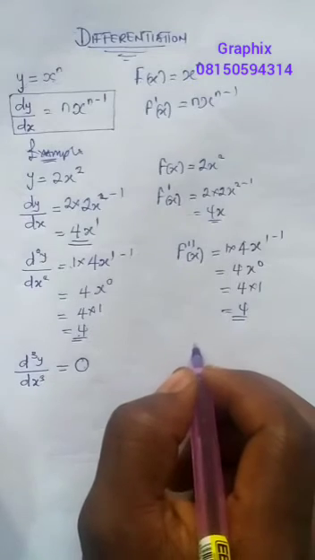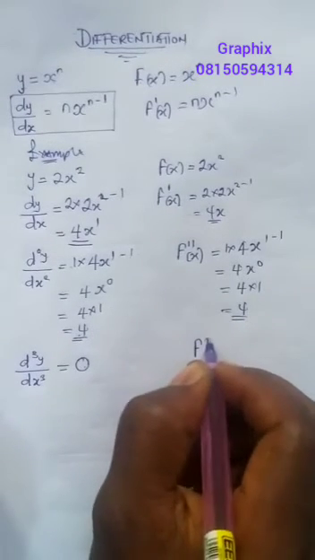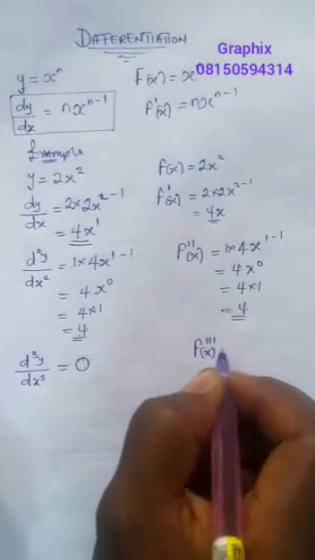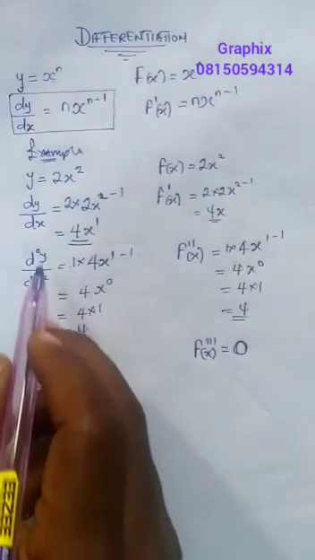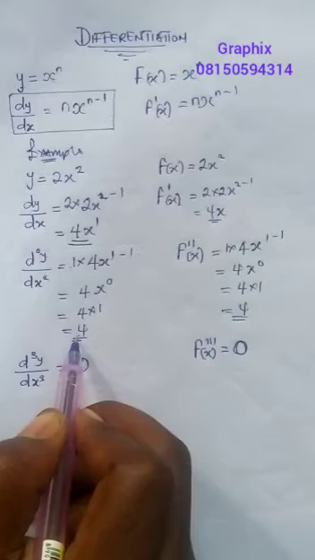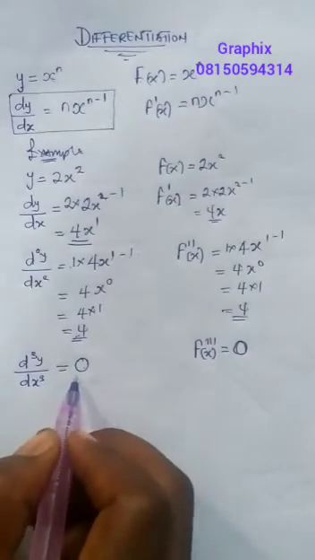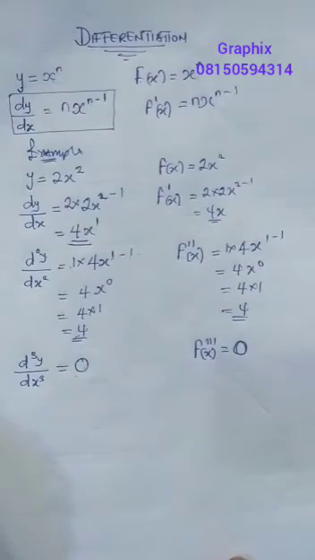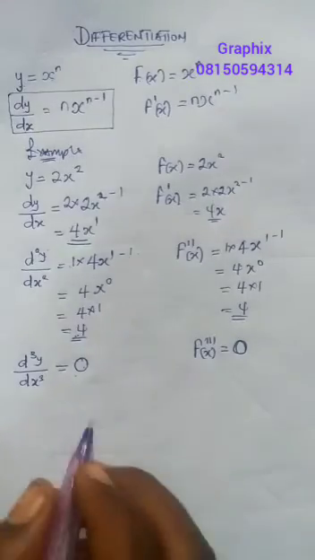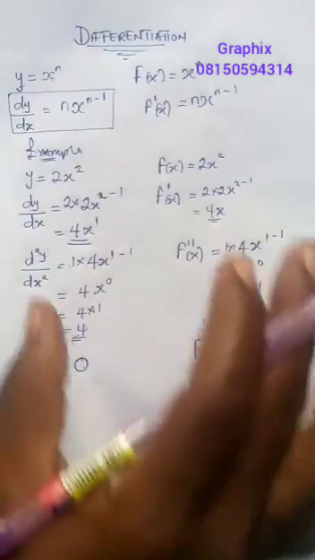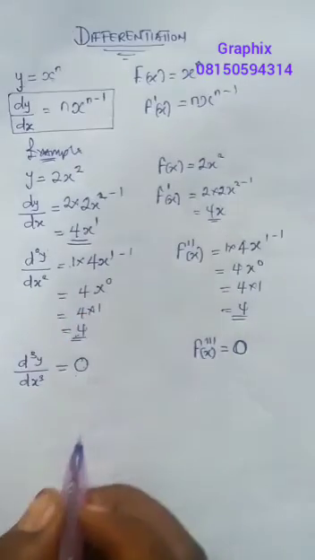So that means I'm having my f triple prime of x, and that'll be 0. Because d squared y over dx squared is 4. That is 0 here, and so on and so forth. Are you with me? Now let's move further and see what is going to happen here. You just have to know this. Now we'll be taking them one by one.